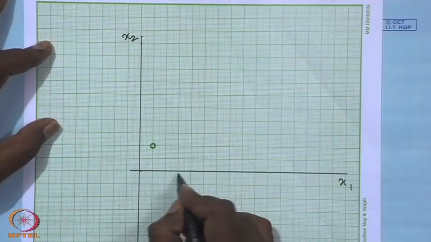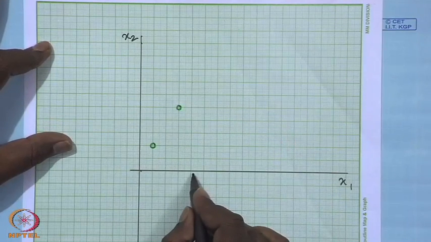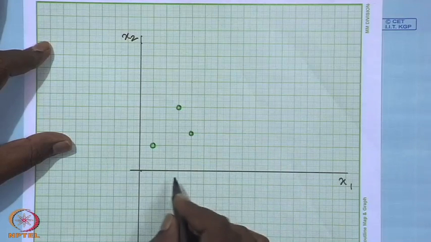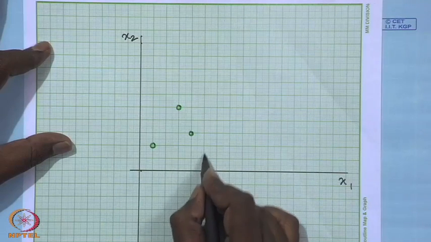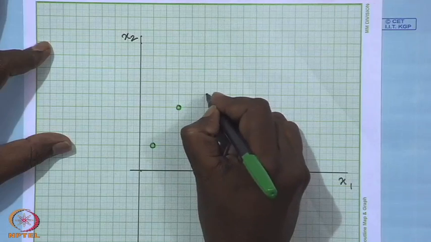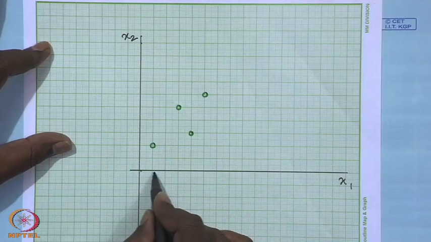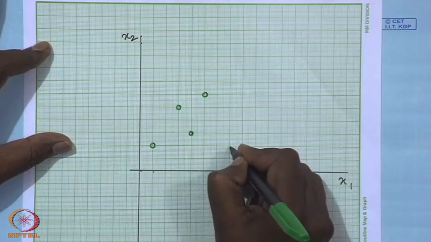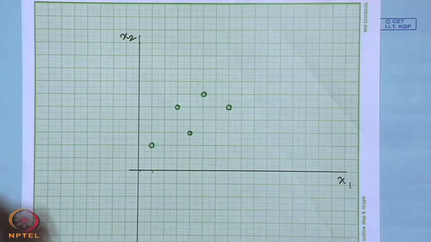For class omega 1 it is 1 2, the next one is 3 5, the next one is 4 3, then 5 6, and the next one is 7 5. These are the vectors which are taken from class omega 1.